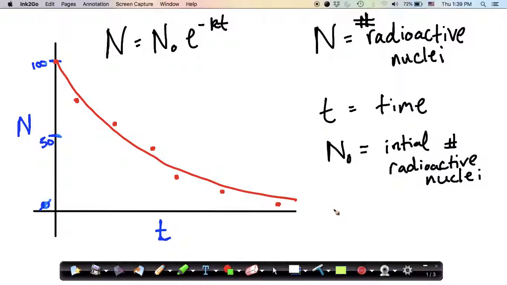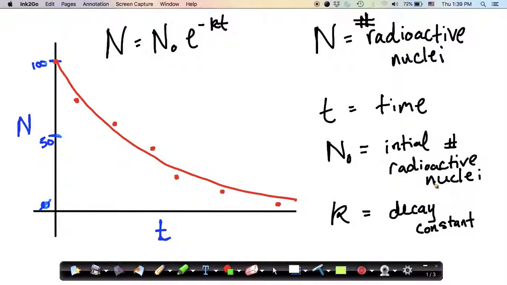And then e here is Euler's number. And k, finally k, this is what we call the decay constant. So it's a proportionality constant. And different radioisotopes, different nuclides will have different decay constants depending on their rates of decay.